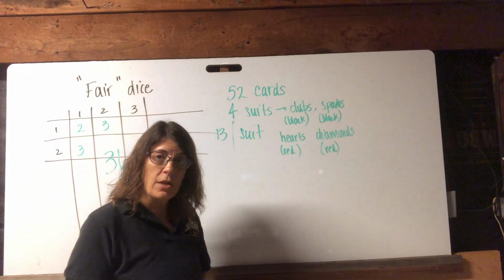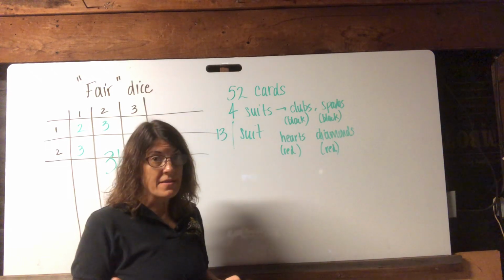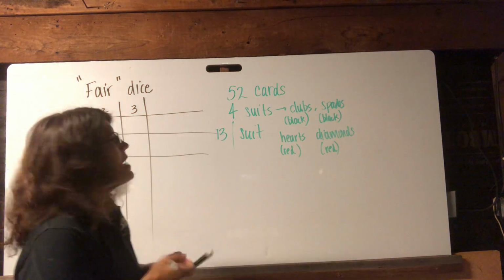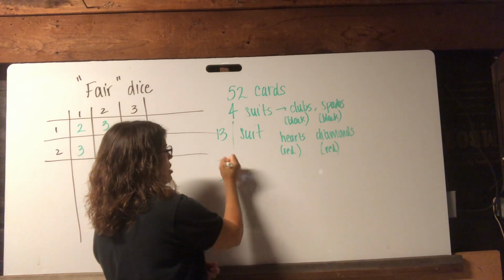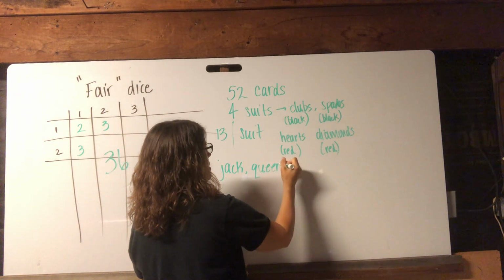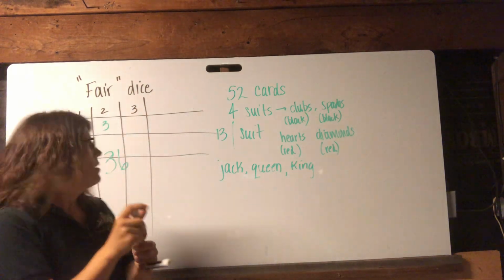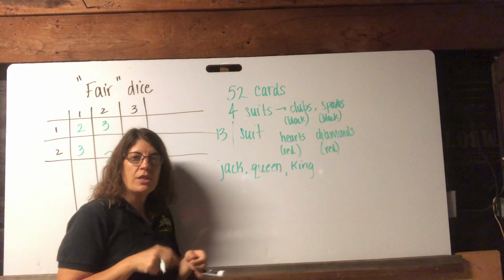And if you've ever seen a deck of cards, these are called face cards because there actually is a face on the card. So the face cards are Jack, Queen, and King. There are 4 of each card in a deck.